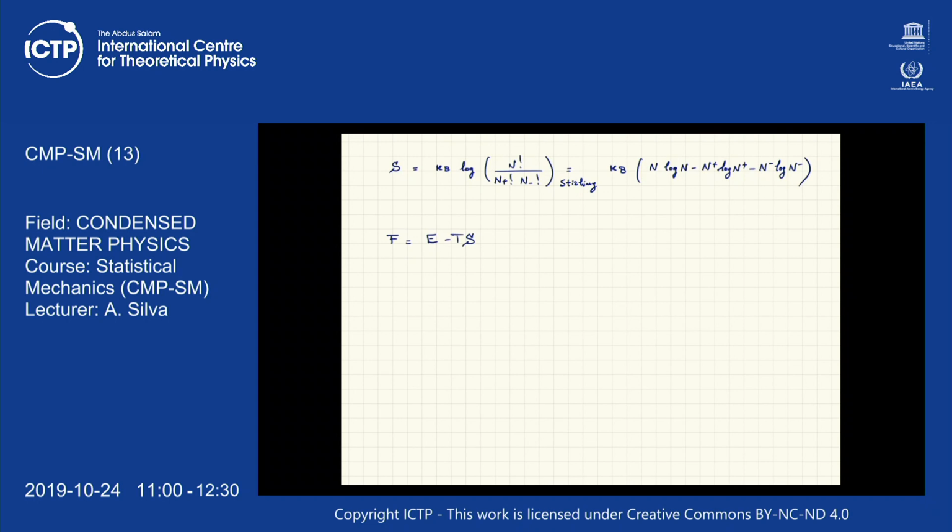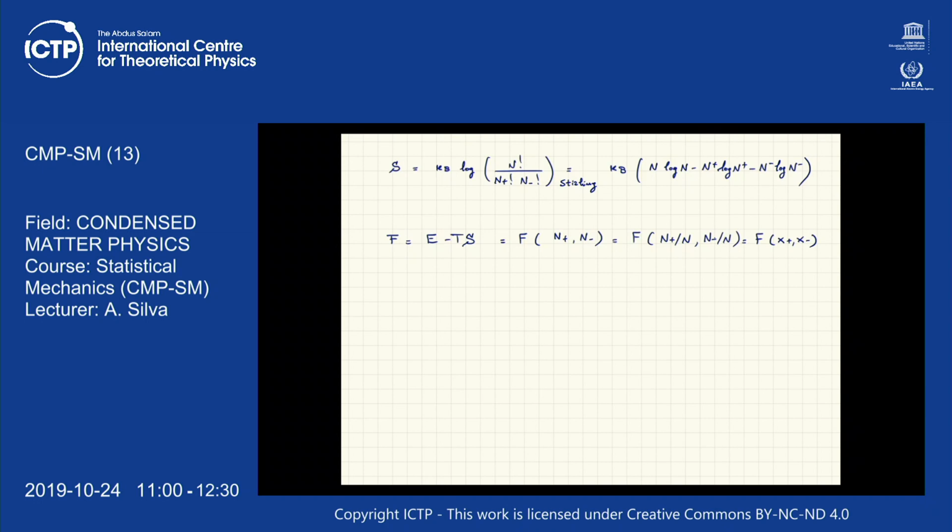All right. So now, let us compute the free energy. The free energy is going to be a function of two variables, N plus and N minus. Or if you want, I can normalize both of them by N and call these two guys x plus and x minus.